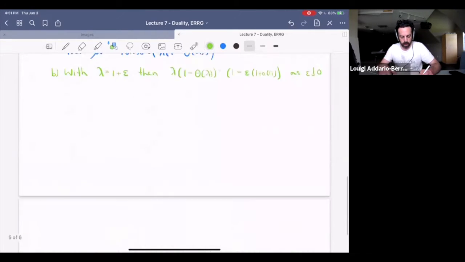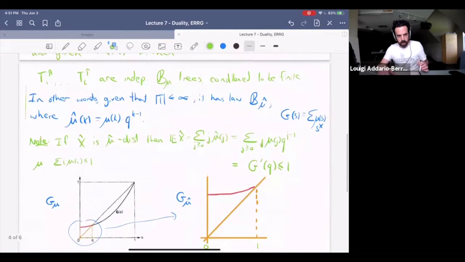I see one question from Yinon. If mu is supercritical, then mu hat is always subcritical, right? Yes, that's exactly what we were checking here. Even if mu is subcritical, then mu hat is mu, and if mu is supercritical, then this derivation told us that mu hat was subcritical.